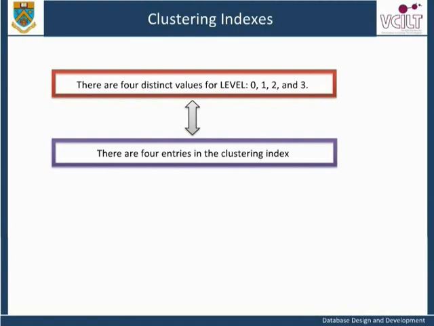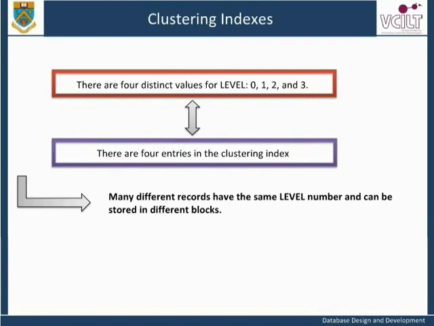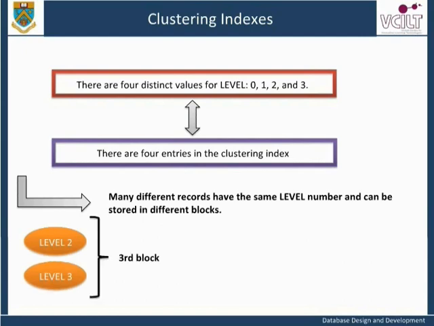As can be seen from the figure, many different records have the same level number and can be stored in different blocks. Both level 2 and level 3 entries point to the third block because it stores the first record for level 2 as well as level 3 students. All other blocks following the third block must contain level 3 records because all the records are ordered by level.